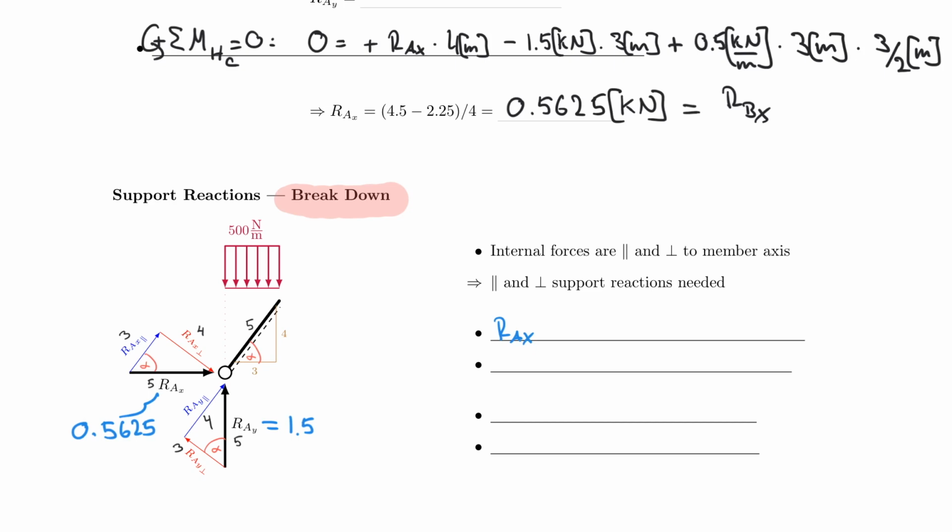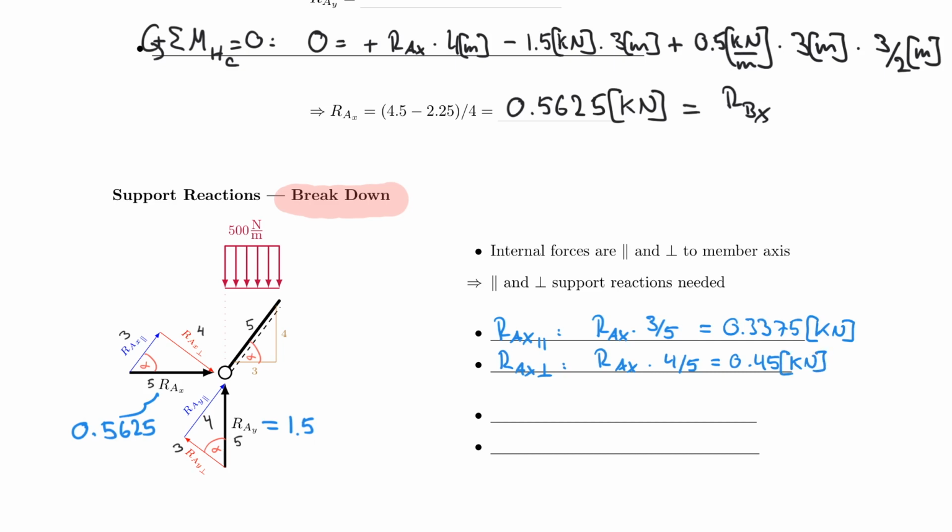RAX parallel is equal to RAX multiplied by 3 divided by 5. RAX perpendicular is RAX multiplied by 4 divided by 5. And if you solve these numerically, you find 0.3375 kilonewton and 0.45 kilonewton.